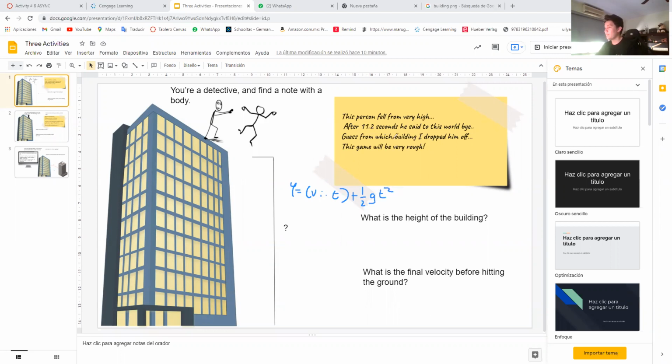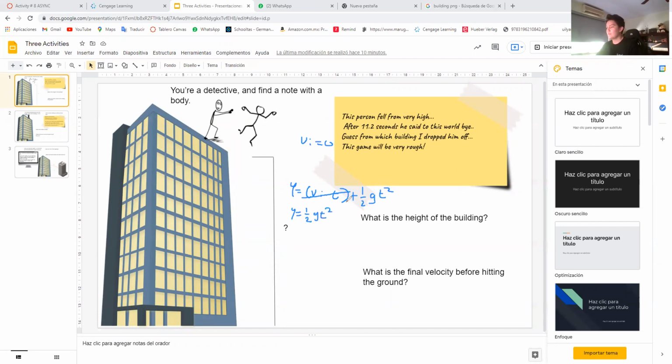Now, we know that in the rules of freefall, initial velocity is equal to 0. So this term cancels out. Now, we get that y equals 1/2 g time squared.